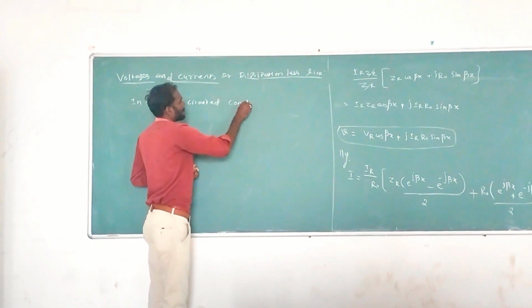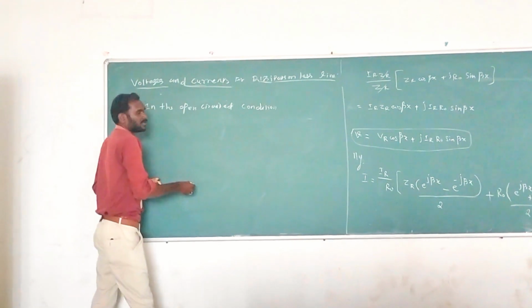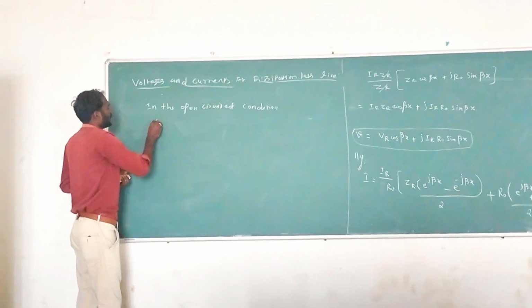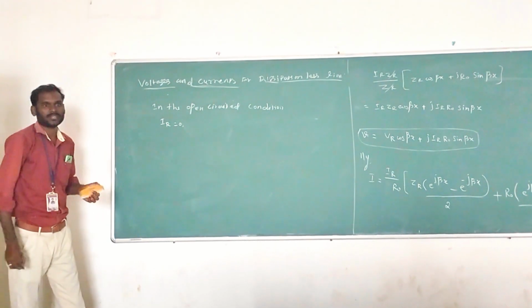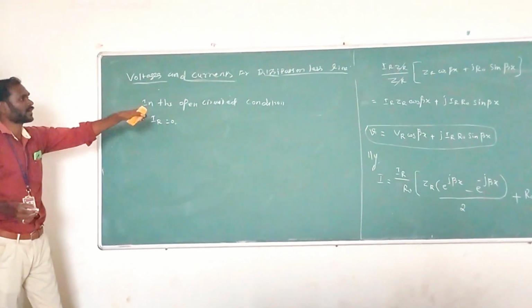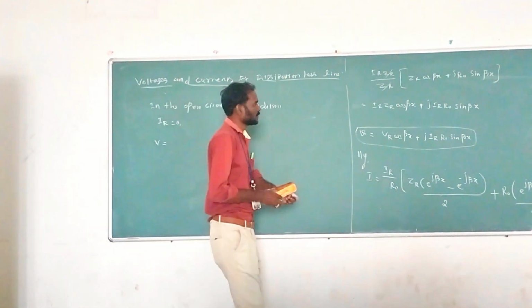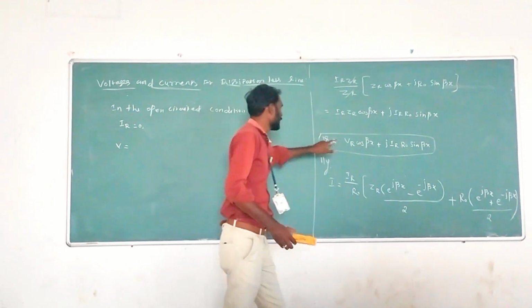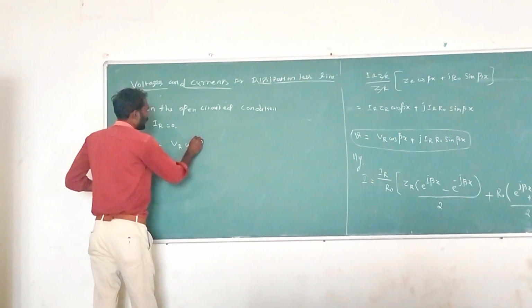IR is equal to 0, there is no current flow. The voltage expression of the open circuited condition, V is equal to this term, IR is equal to 0. Only the voltage expression is VR cos beta x only.